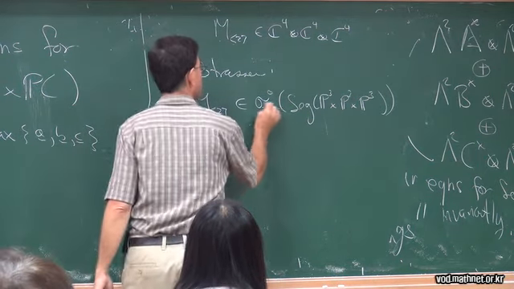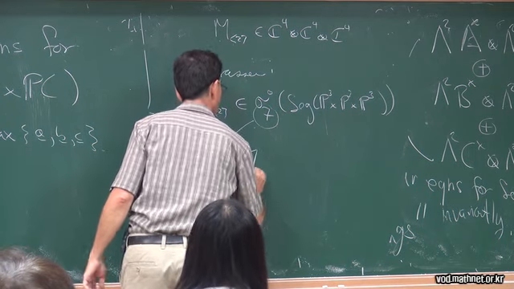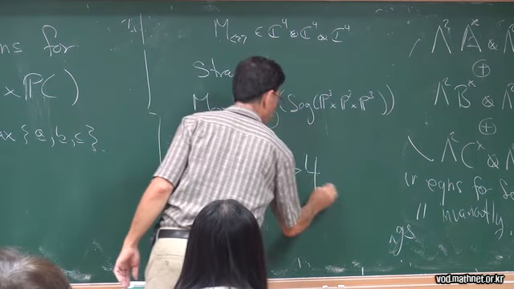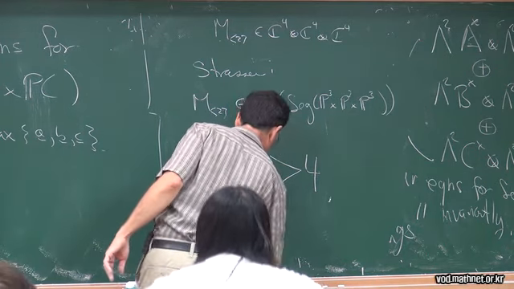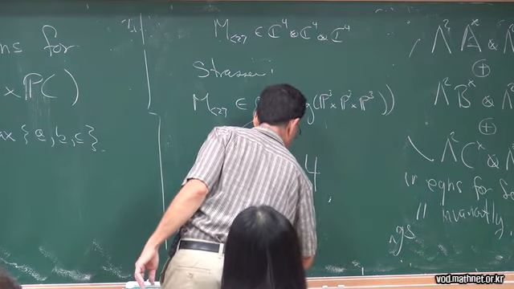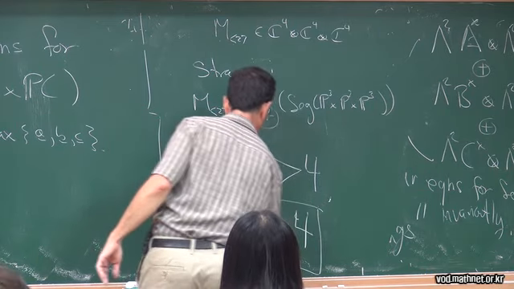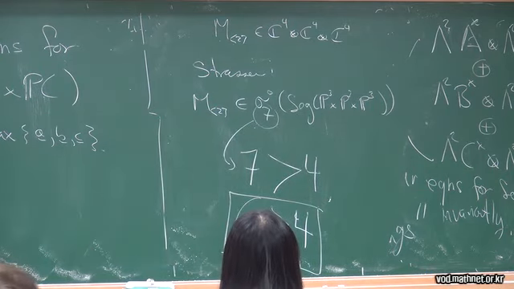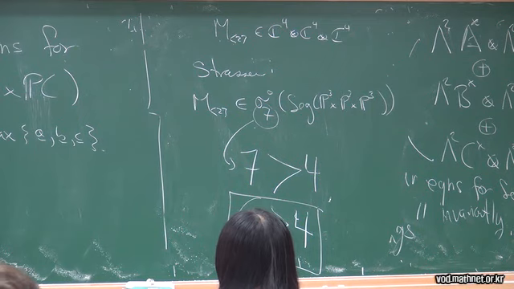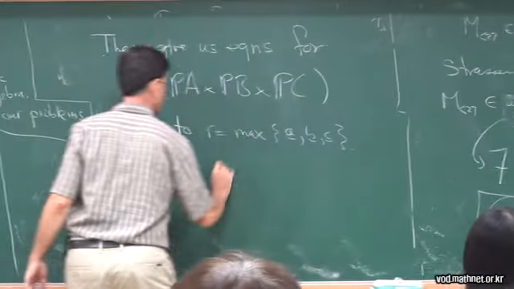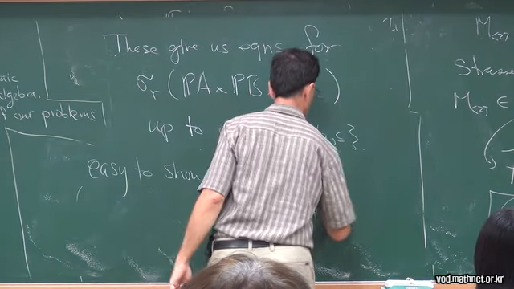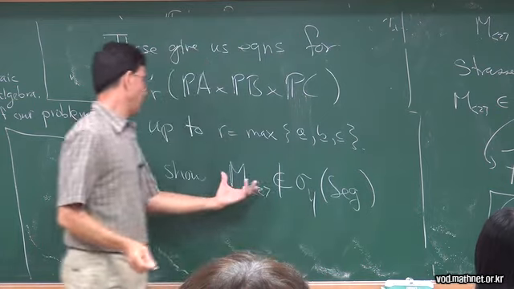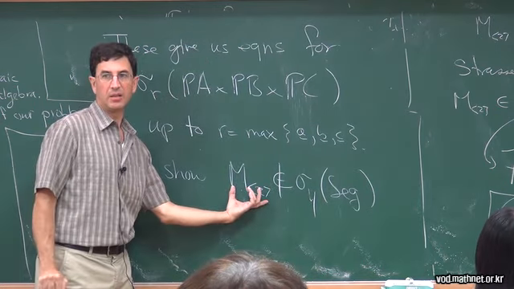Well, notice this number 7 is greater than 4. And also, 6 is also greater than 4. It's an easy exercise with these classical equations that this will not satisfy these classical equations.